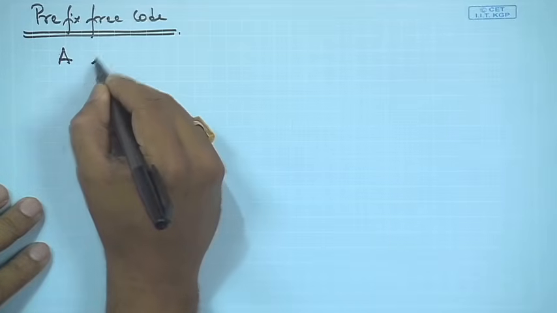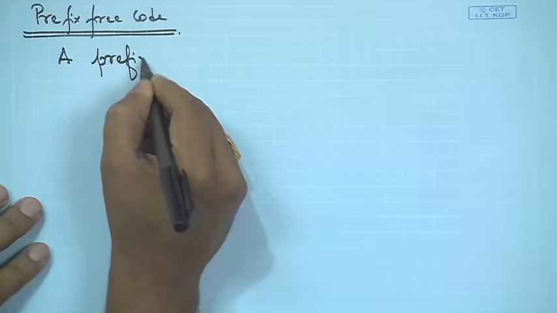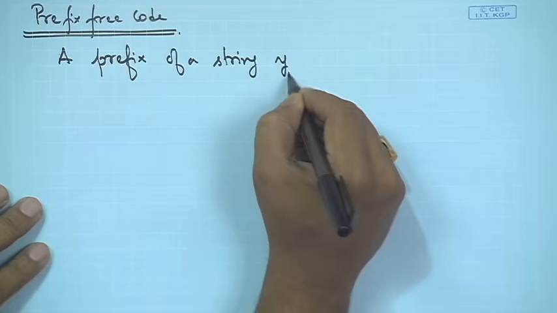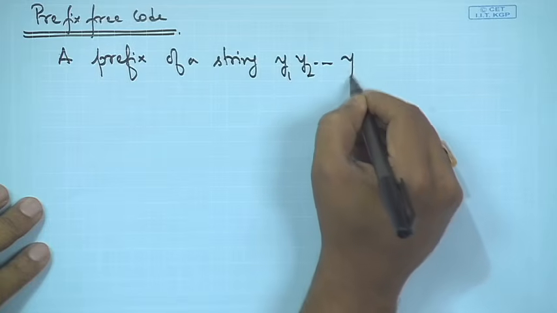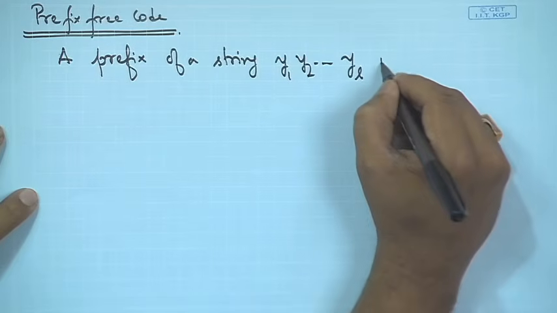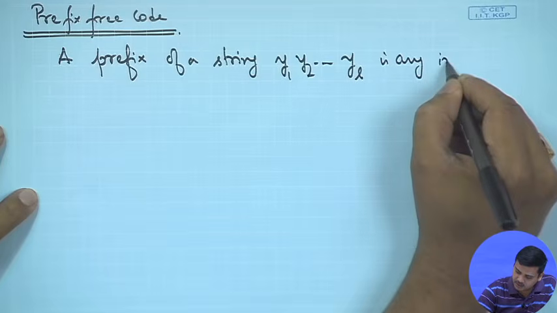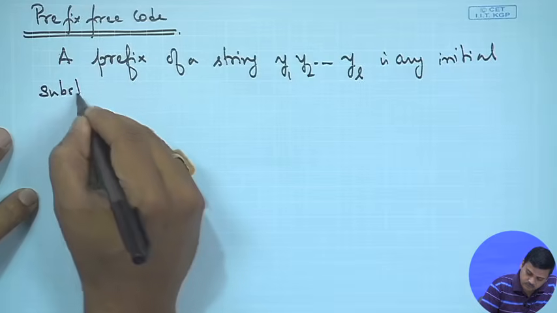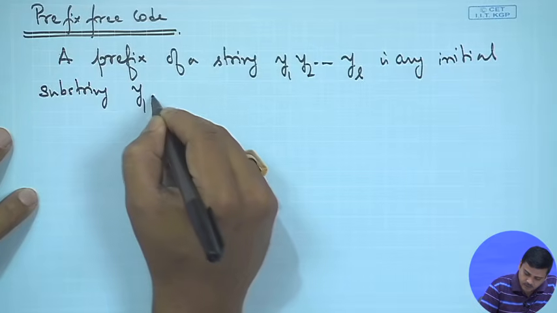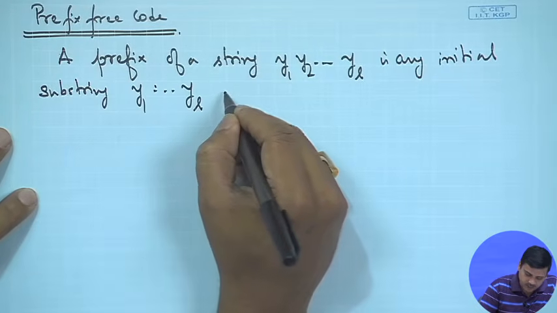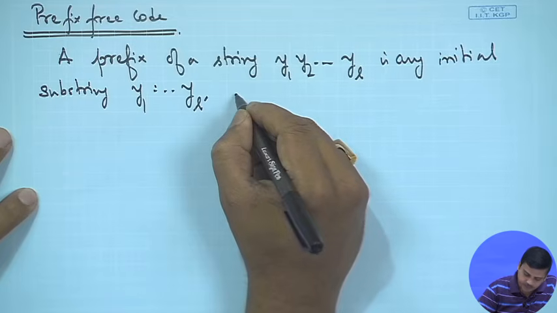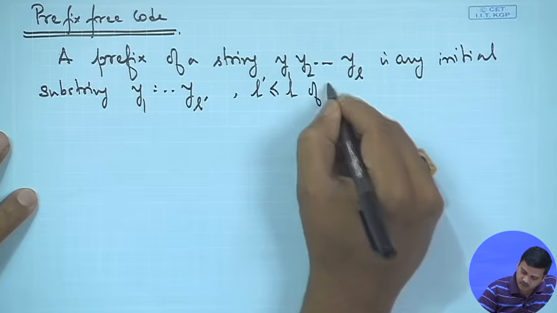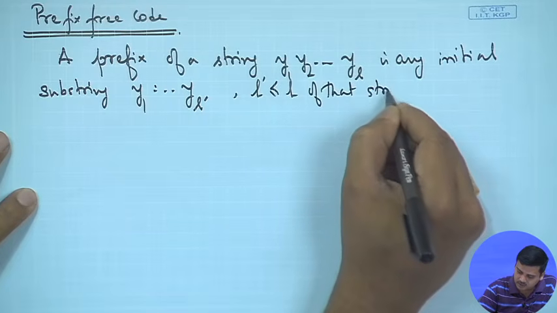So, we will say a prefix of a string y1, y2 up to yL is any initial substring y1 up to yL prime, where L prime is less than or equal to L of that string.